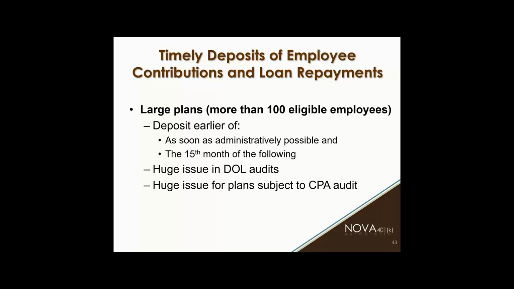If you can get the withholding into the government on time, why can't you get the employee money into the plan at the same time, right? Would be their rationale, right? Also, as a large plan, you're subject to a CPA audit, and the auditors, the CPAs, are looking for this as well because they know that the Department of Labor is looking for it, and it's a reportable transaction on your 5500 form.